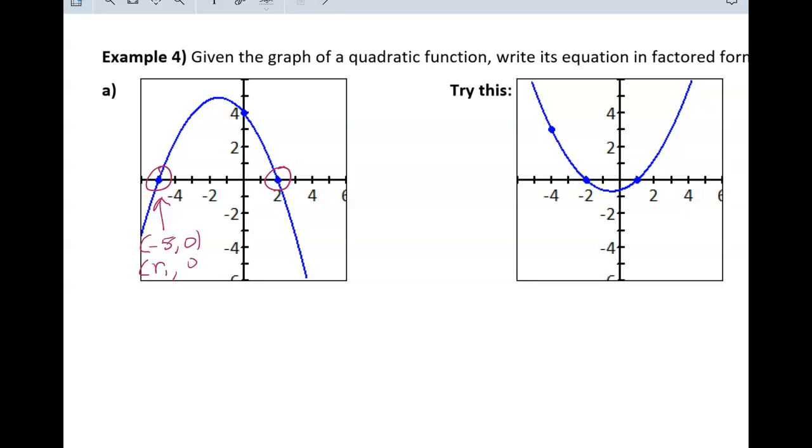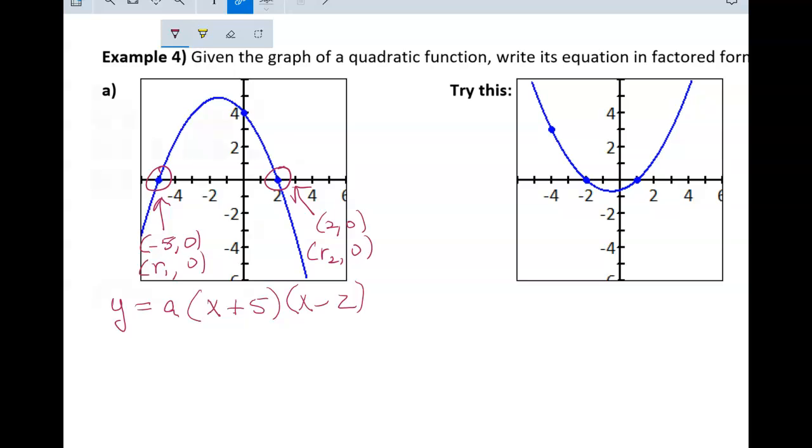And our second x-intercept is the point 2, 0. That's r2, 0. So we have the values of r2 and r1, which means that we can write down the general form of the factored form, which is a times x minus -5 times x minus 2.